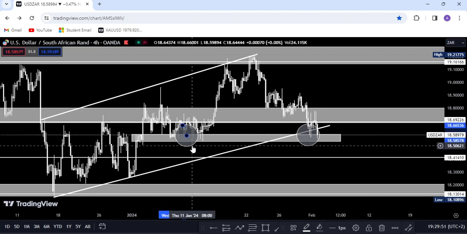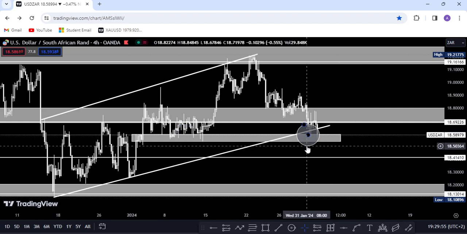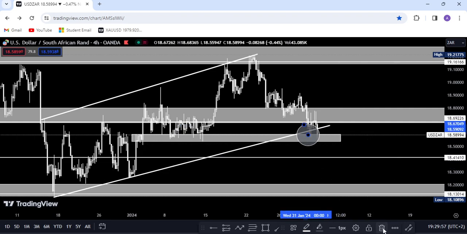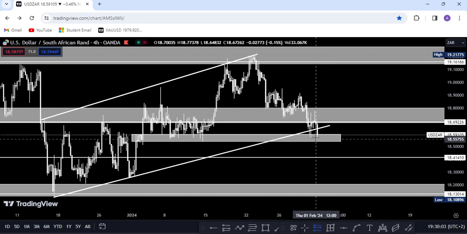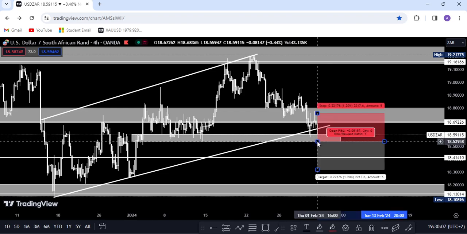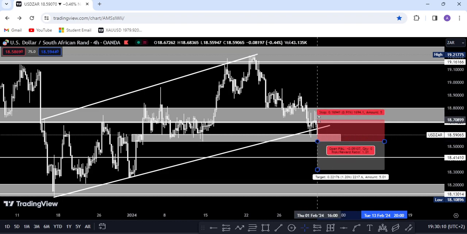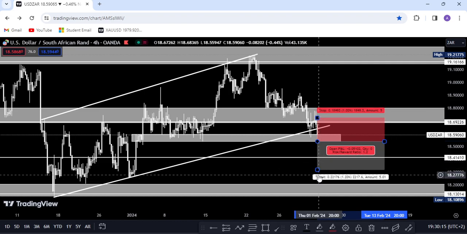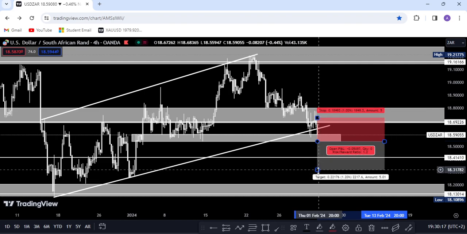So what I will do, I will take trades that will be going to the downside. What is the downside? Now the downside is the bearish side. As always, I risk 1% per trade, and then I look for a reward that is more than 1%.